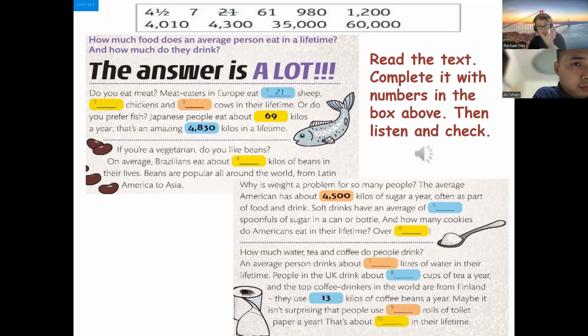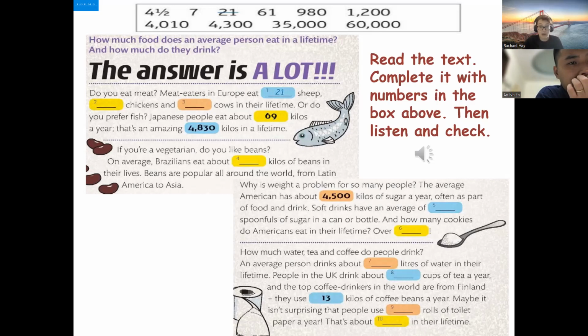That's an amazing 4,830 kilos in a lifetime. If you're a vegetarian, do you like beans? On average, Brazilians eat about blank kilos of beans in their lives. Beans are popular all around the world, from Latin America to Asia.